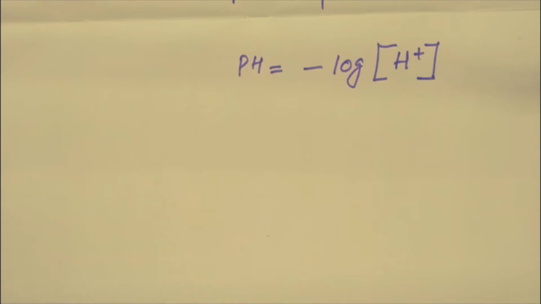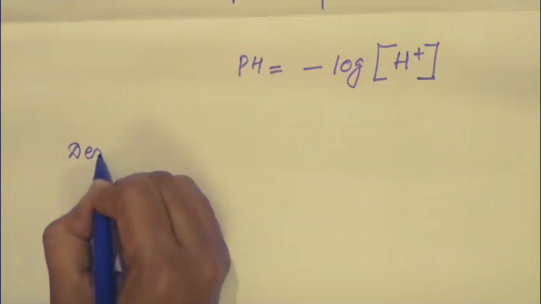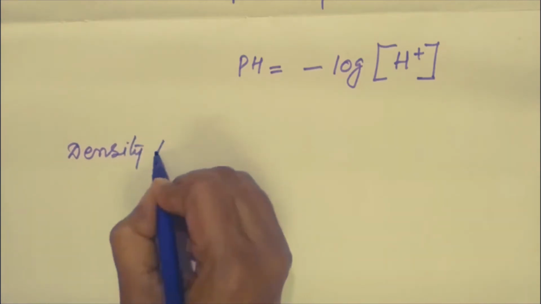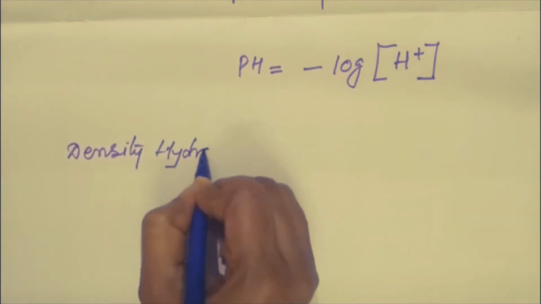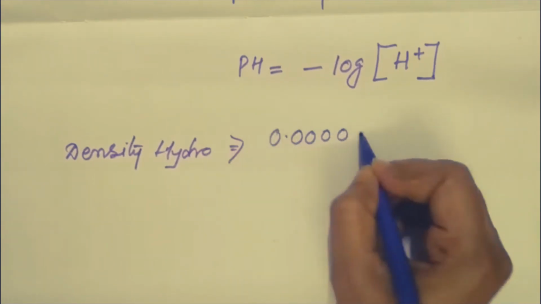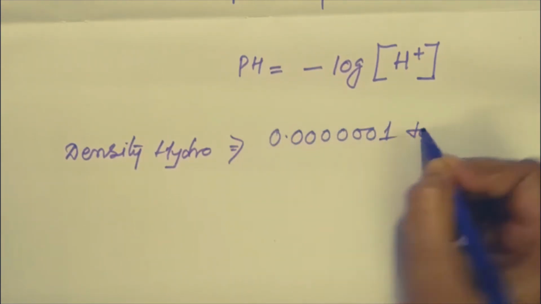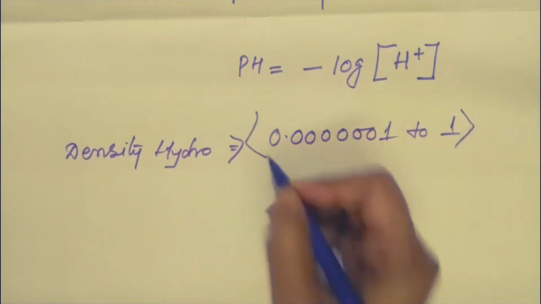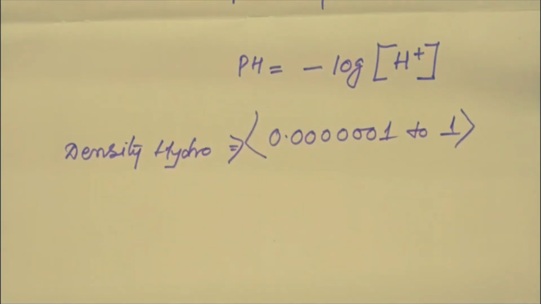The density of hydrogen molecule ranges from 0.00000001 to 1. We can take the example of water to find out the soil pH or the pH of the water.